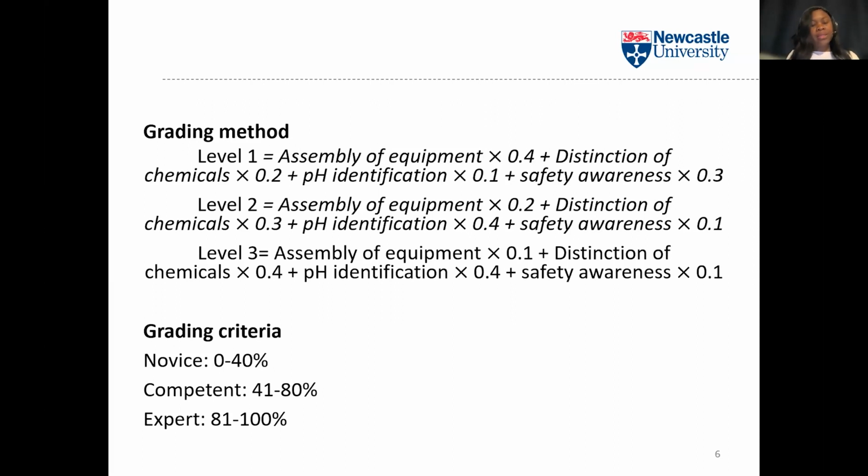And also we had a grading criteria for performance in each level, which is 0 to 40 will be graded as novice performance, 41 to 80 as competent performer, and 81 to 100 as expert.